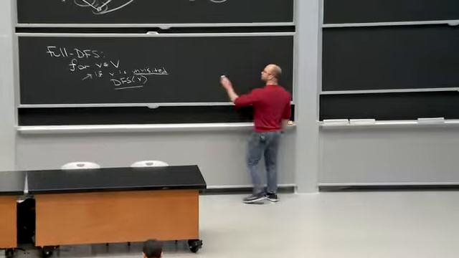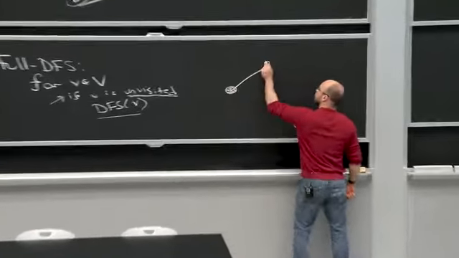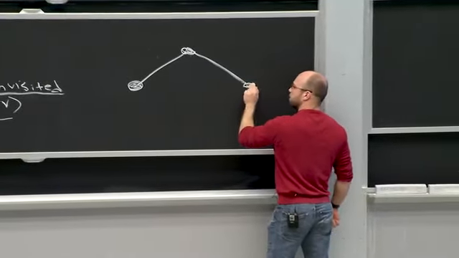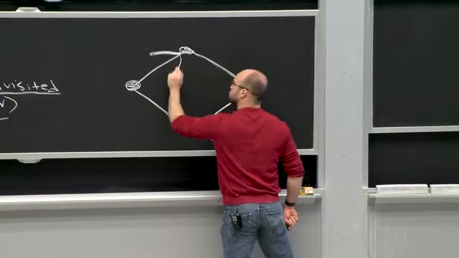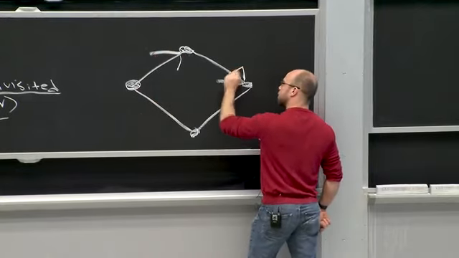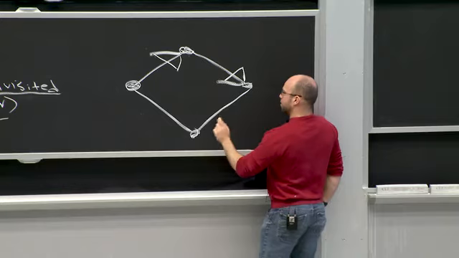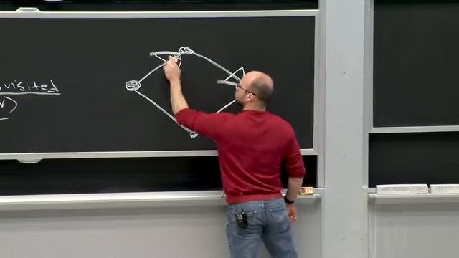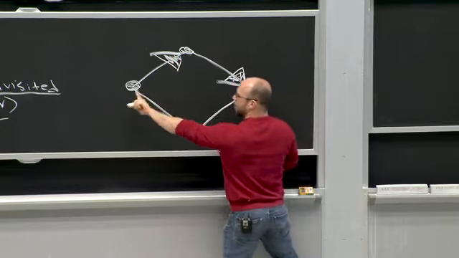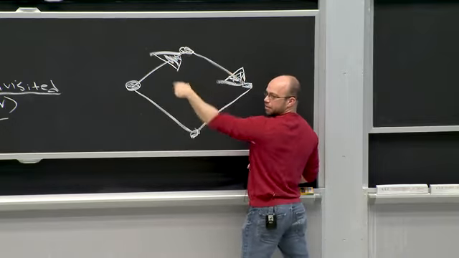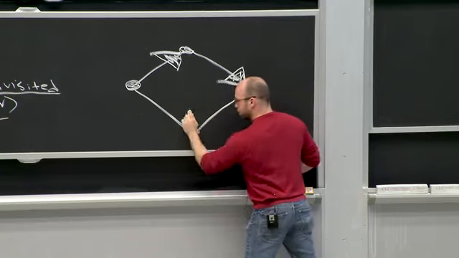So actually, the graph I gave you all the way at the beginning of lecture, I think secretly was an example of one of these. So let's say that I have directed edges. Maybe if I make the head a triangle, that's a little easier to see. So I'm going to have an edge up and an edge to the right, and similarly an edge down and an edge to the right.